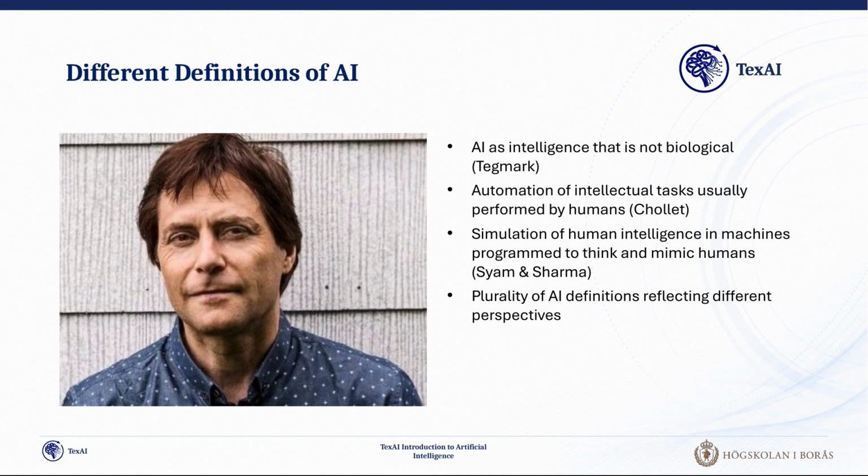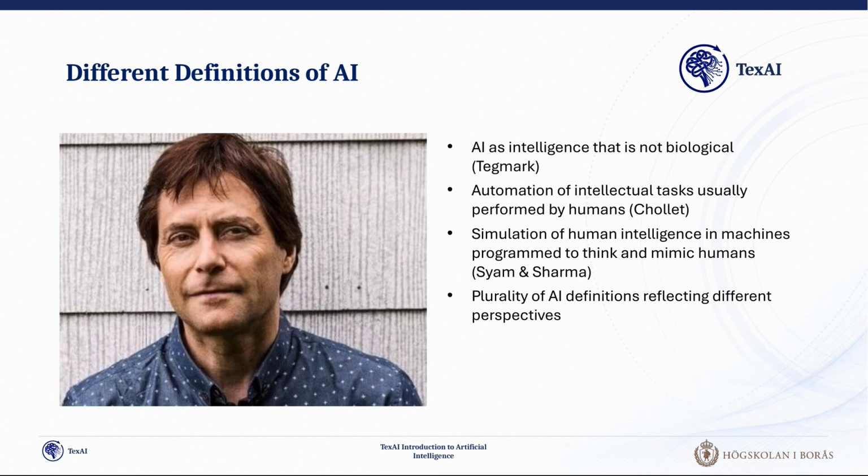Another perspective, offered by Chollet, frames AI as the automation of intellectual tasks that are typically performed by humans, highlighting the functional aspect of AI systems in taking over cognitive responsibilities. Additionally, Siam and Sharma describe AI as the simulation of human intelligence in machines programmed to think and act like humans, which underscores the goal of mimicking human cognitive processes and behaviors.